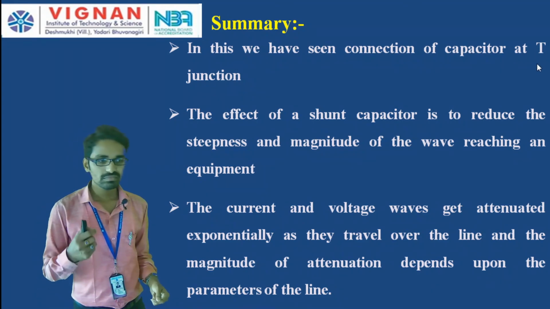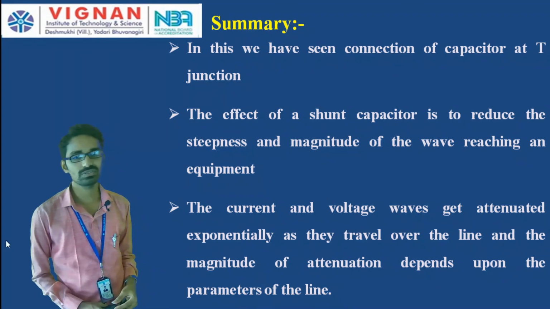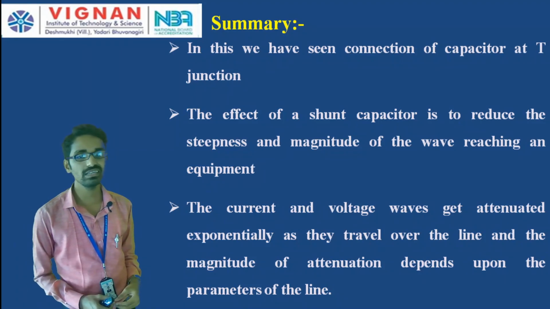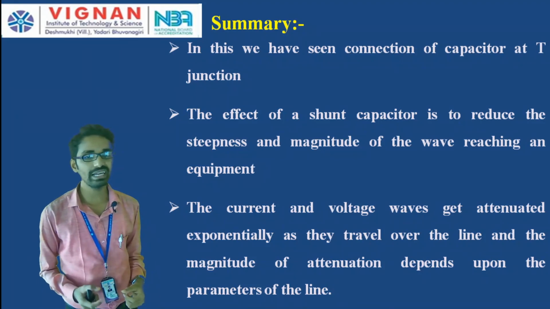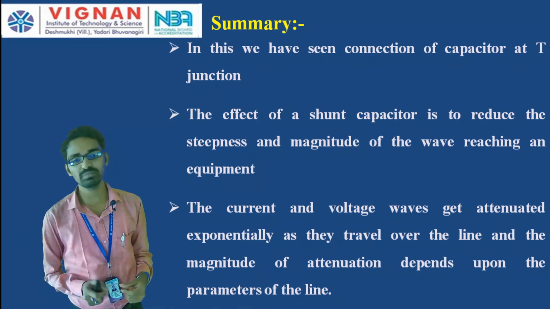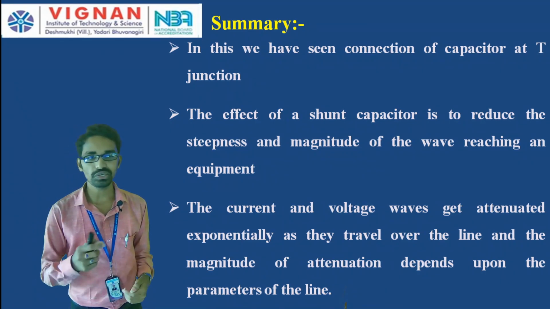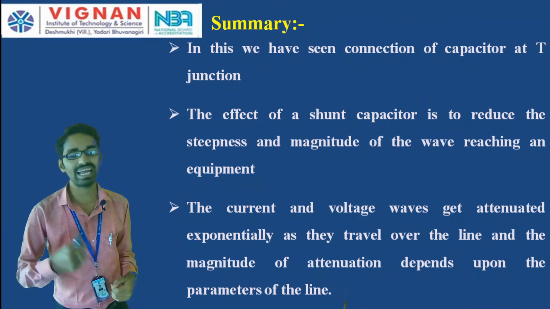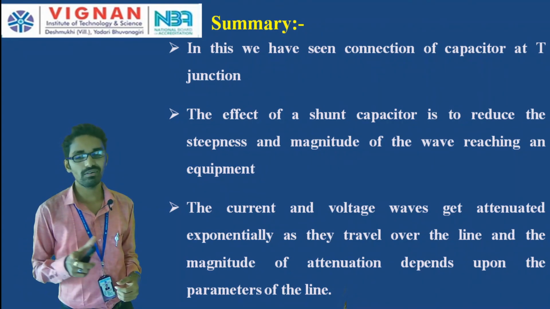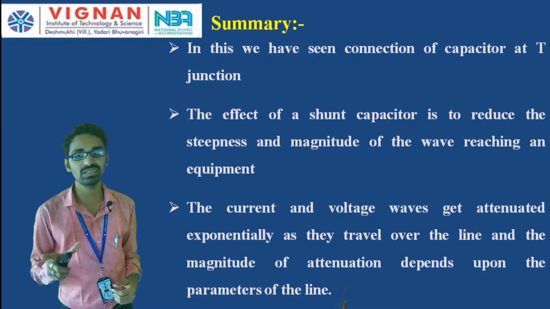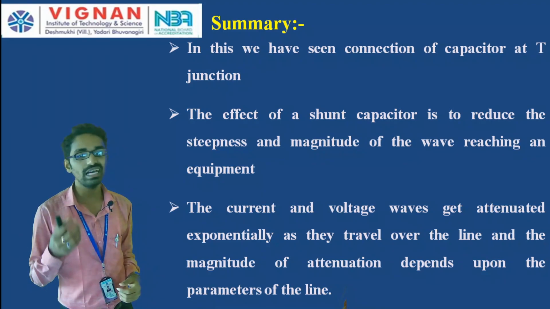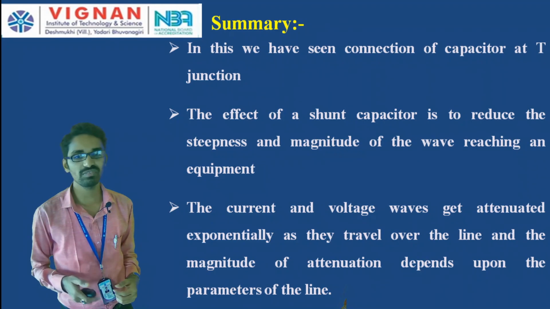The current and voltage waves get attenuated exponentially as they travel over the line, and the magnitude of the attenuation depends upon the parameters of the line. If the length of the line is shorter, then the attenuation is very rapid. If the length of the line is very high, then the attenuation will be considered higher.